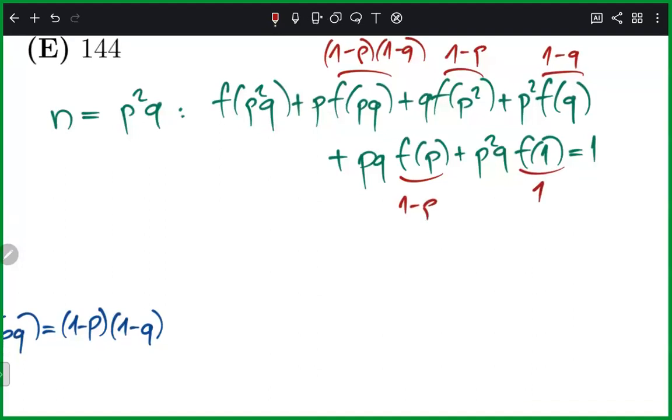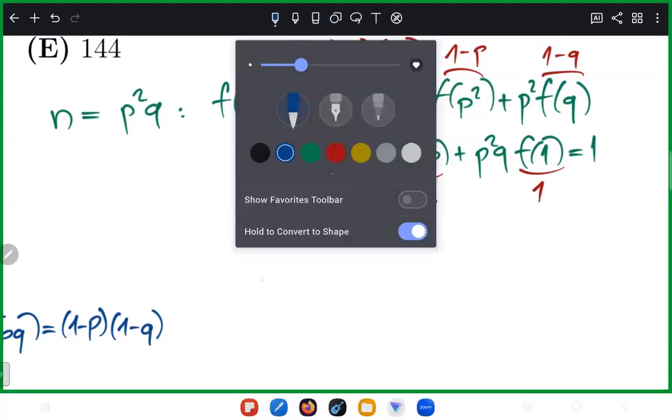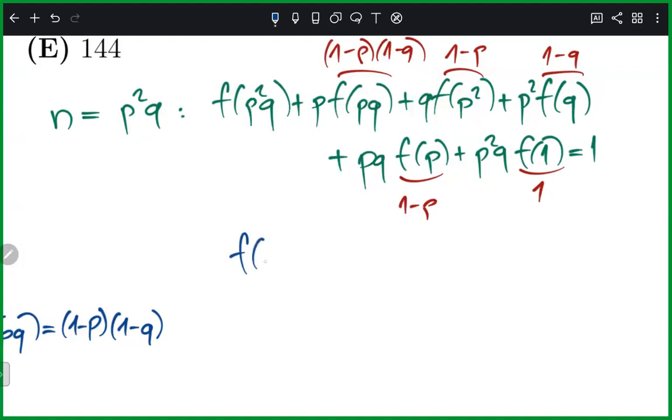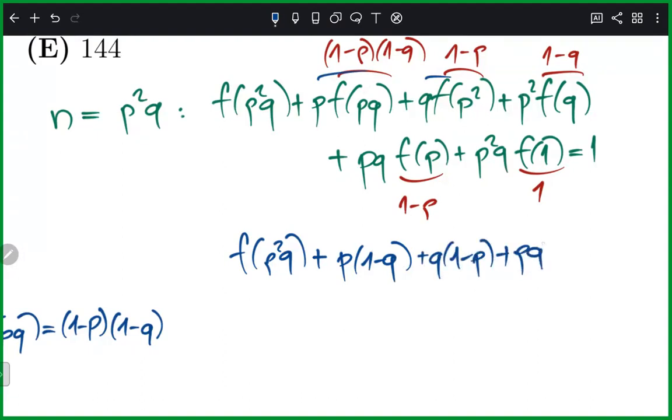And when we just expand everything, a lot of terms cancel each other out, and we get f(p squared q) plus p(1 minus q), and then q(1 minus p) plus pq(1 minus p) plus p squared q equals 1.